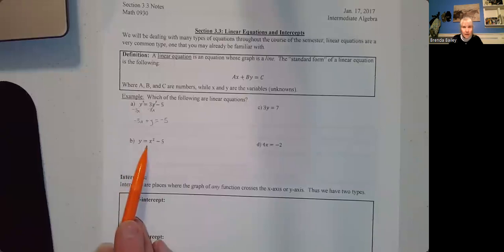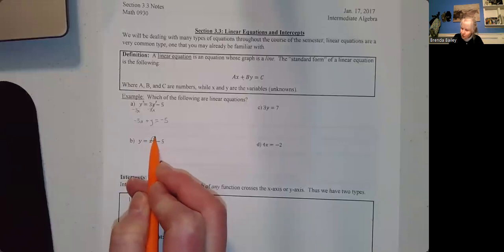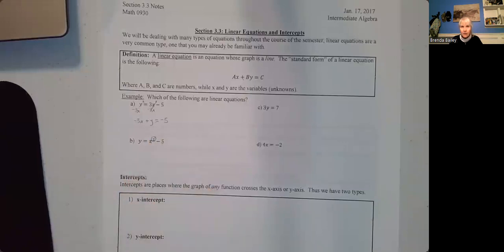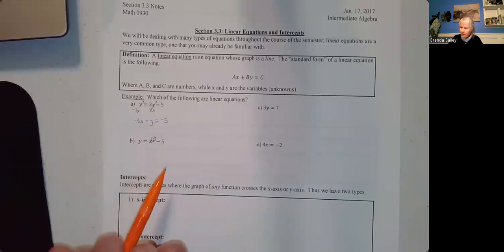Now, B, we did talk about in the last section, because it's squared, it is not linear. This is a parabola. Anything to the third, the fourth, the fifth. Whenever this is not a 1, it's not linear. So this would actually form a parabola.